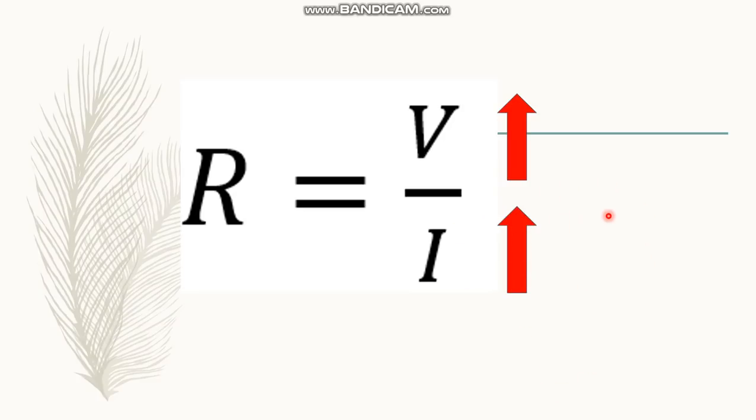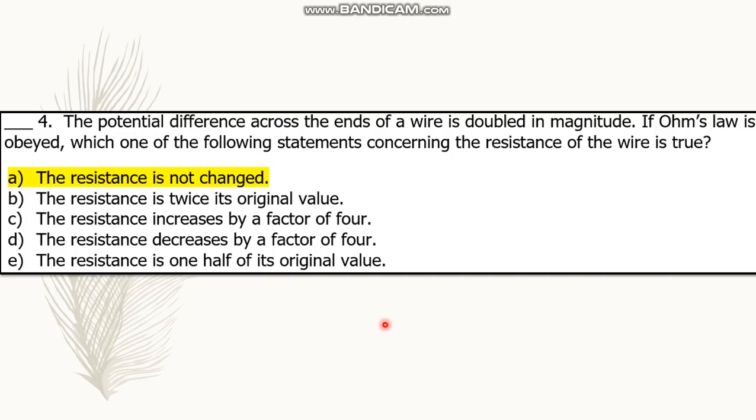So the ratio will stay the same, and thus the value for the resistance will not change, because as you increase the voltage, it will also increase the current. So the resistance will not change. Therefore, the answer for number 4 is letter A.